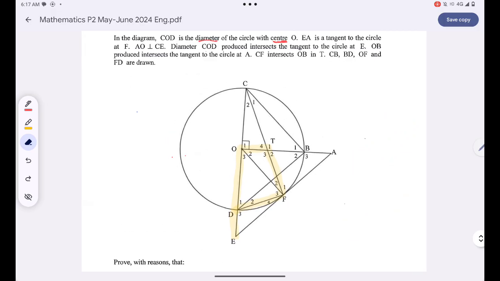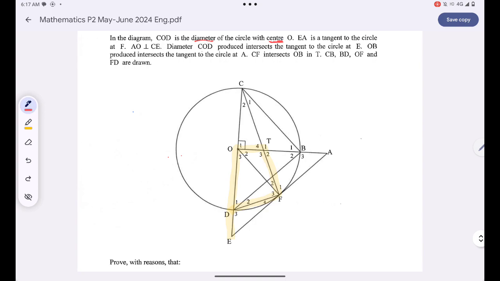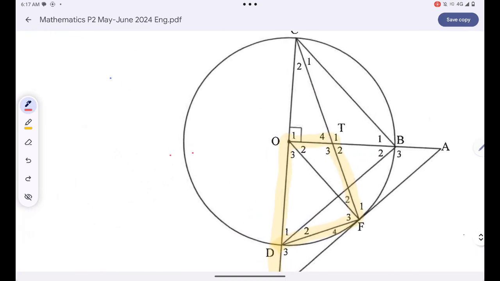So what do I know? I know that angle D3 is just equal to angle T3. This is an exterior angle of my cyclic quad TODF. Are you together? But I also know that angle T1 is also equal to angle T3.